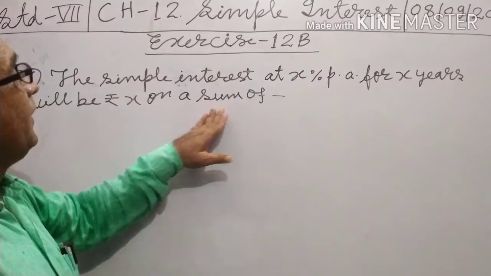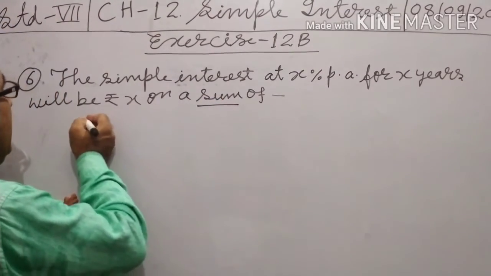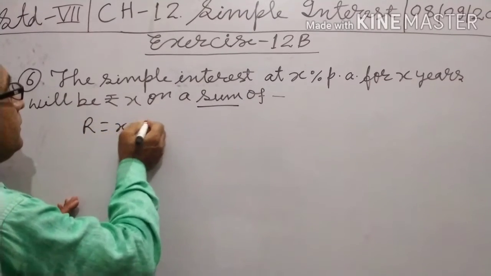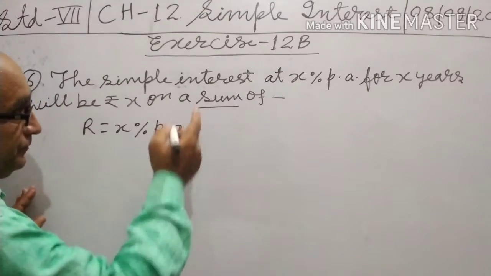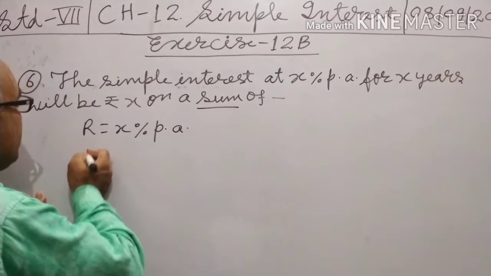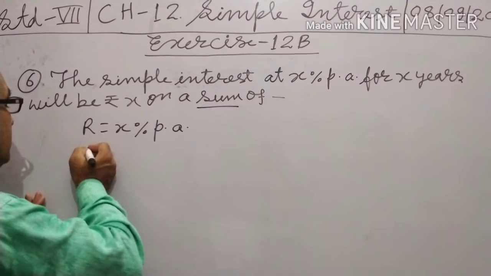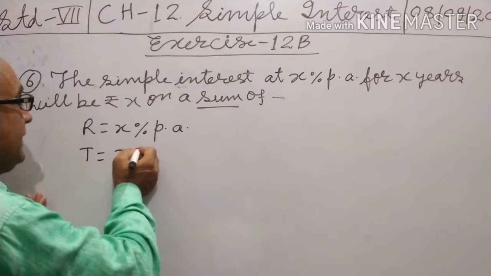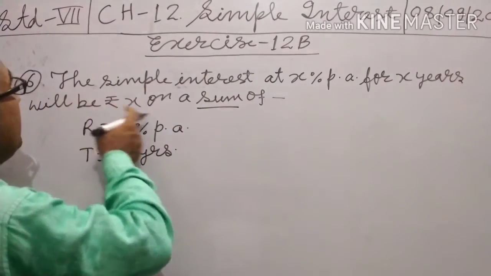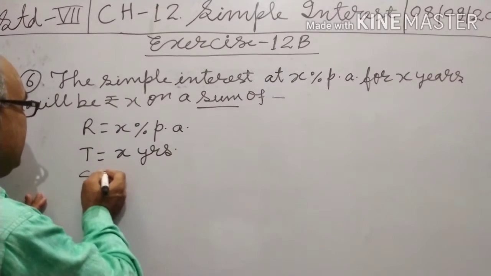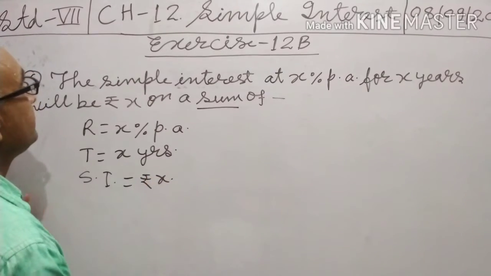In this question we have to find sum, principal, and given R equal to X% per annum for X year, that means T equal to X years, will be X. SI equal to rupees X.